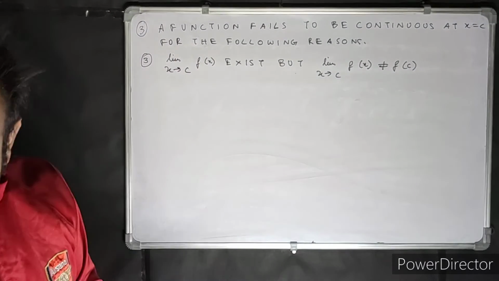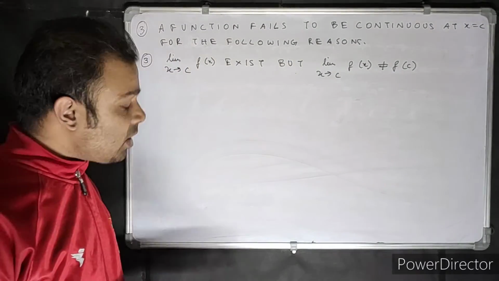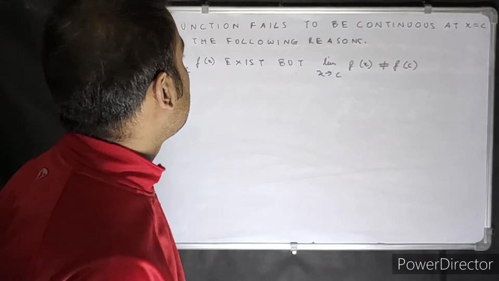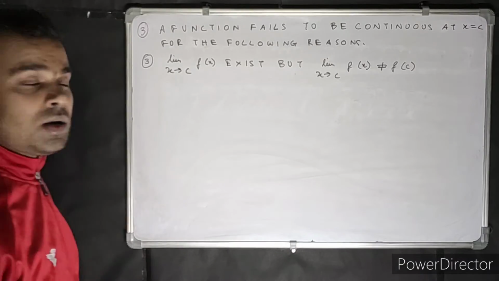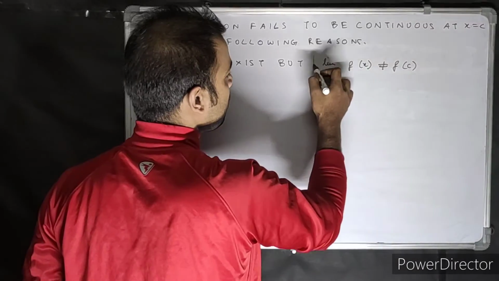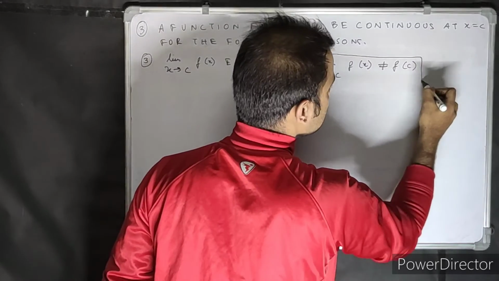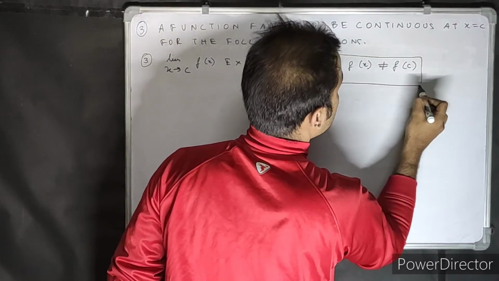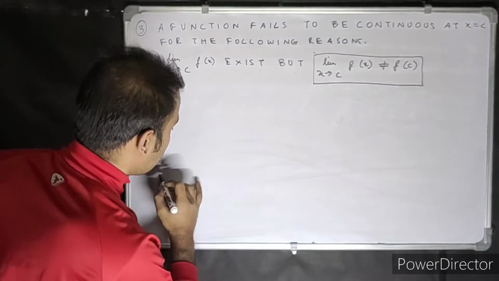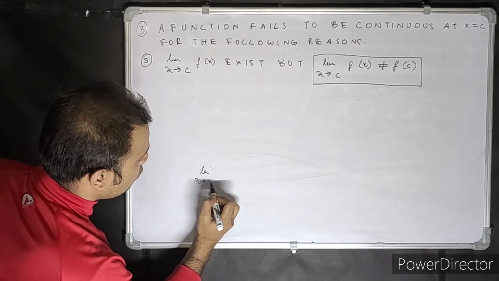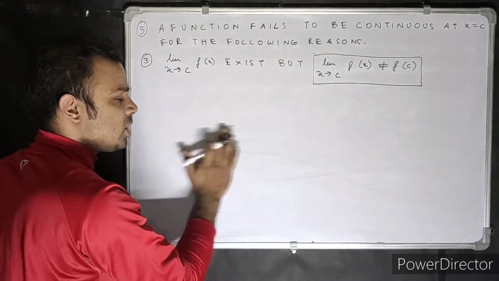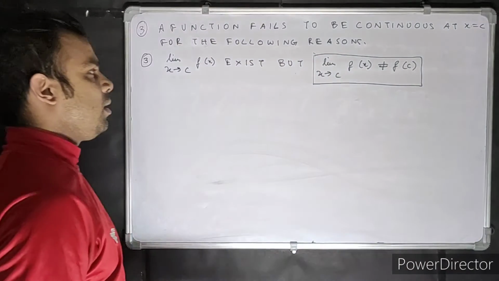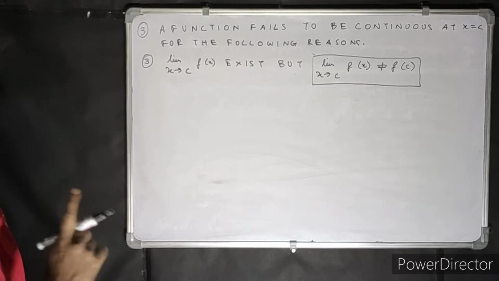So the limit of the function is not equal to the function value, then the function is again not continuous. So this is another important box. You don't have to learn all of them. The box that I showed you, limit of x tends to c, first part you learn, just understand it. So this is your third part.